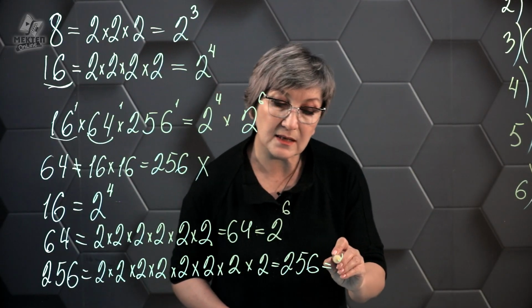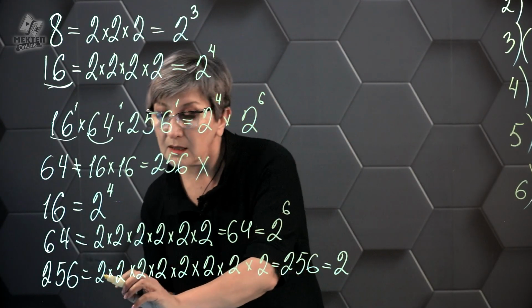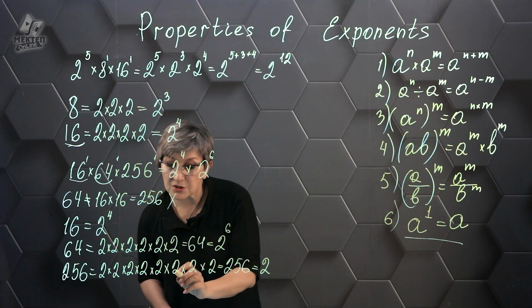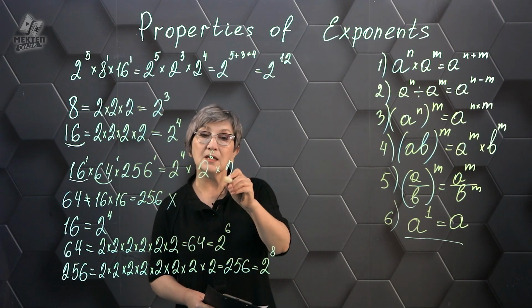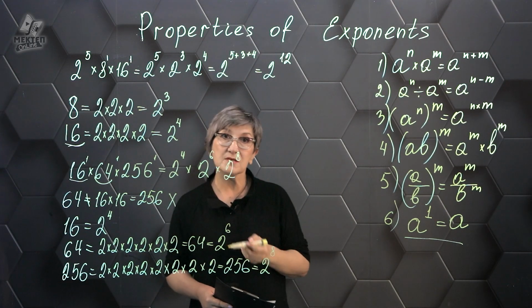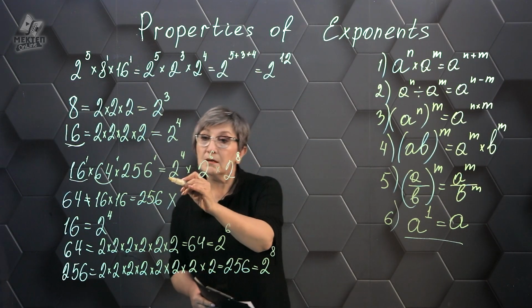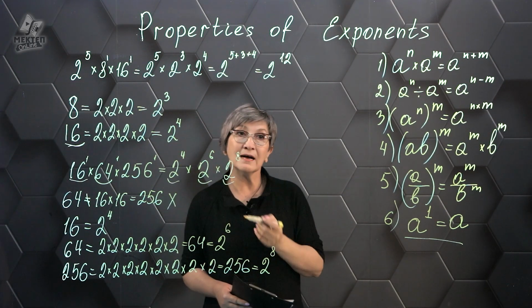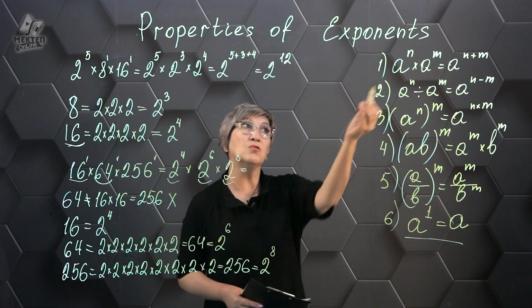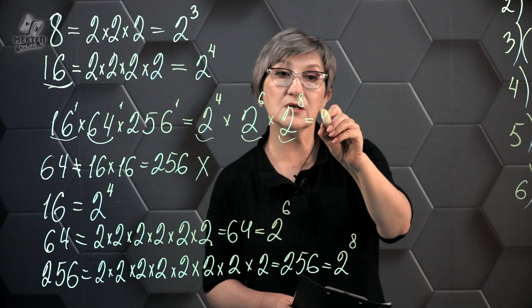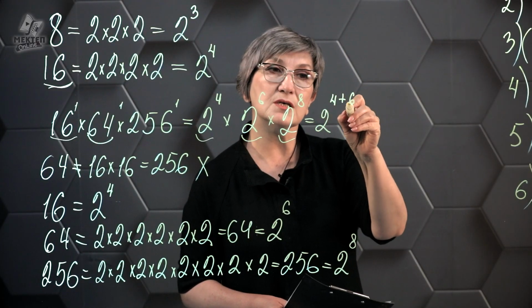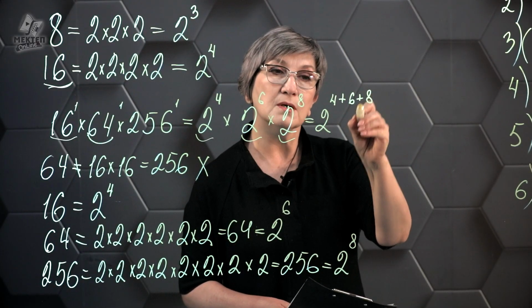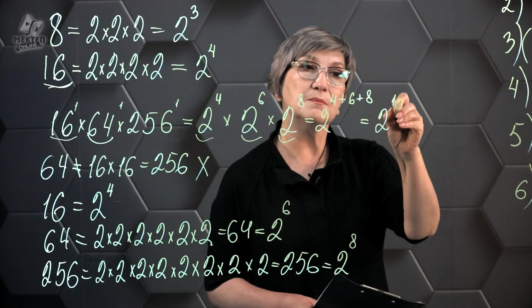Counting: 1, 2, 3, 4, 5, 6, 7, 8, so the number 256 is 2 to the 8th power. Then I'll write 2 to the 8th power, and I have the same base. I can apply our properties. The result is 2 to the power of 4 plus 6 plus 8 equals 2 to the power of 18.